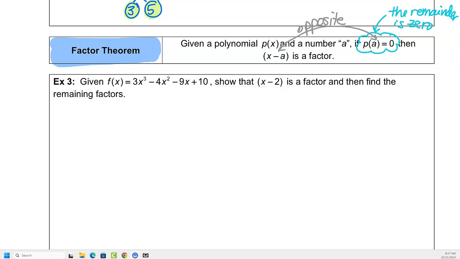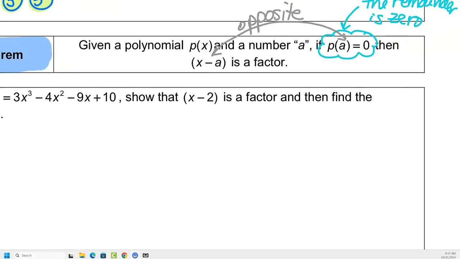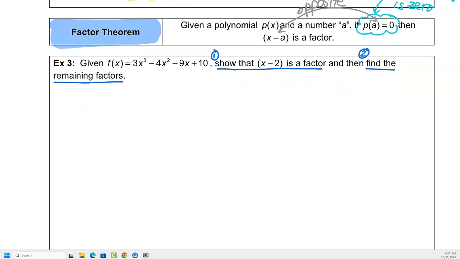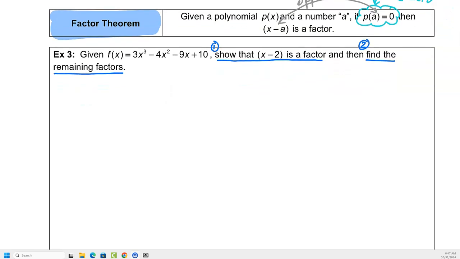And then find the remaining factors. Oh, look at this. It's asking us to do two things in this one. First, we need to show that x minus 2 is a factor, and then second, find the remaining factors. Okay, I can show that it's a factor. That's not hard to do.